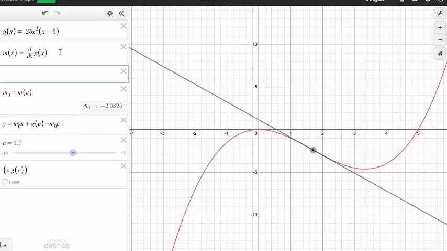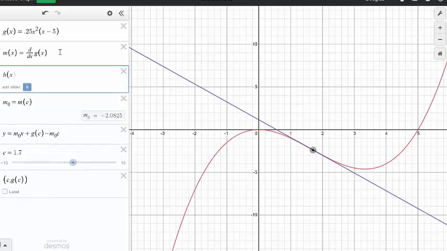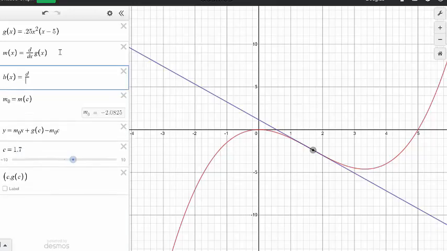And if we look at the second derivative of this guy, and we'll call this, for lack of a better term, h of x, and that equals the derivative of the derivative.